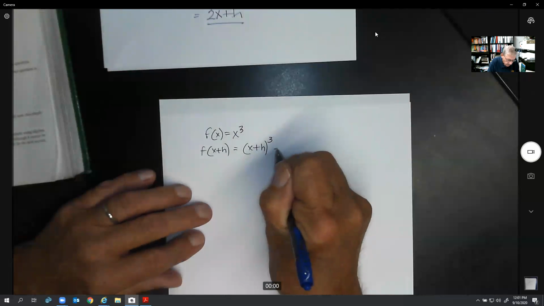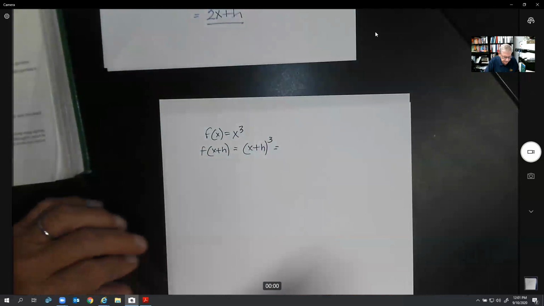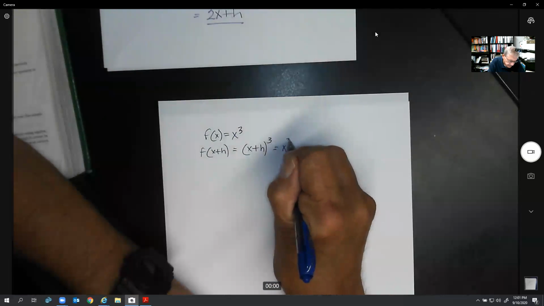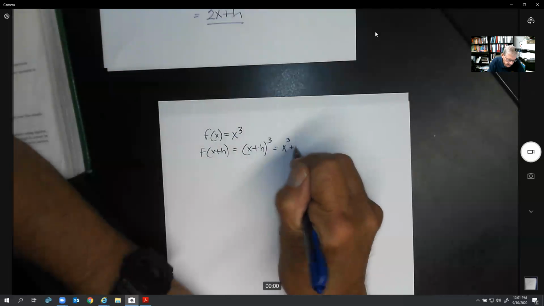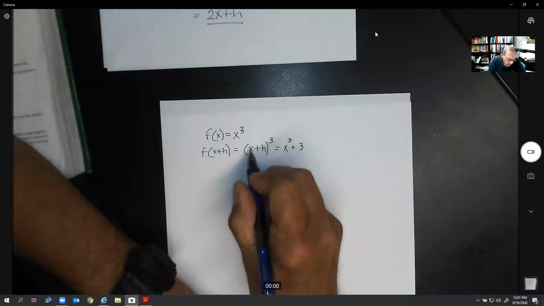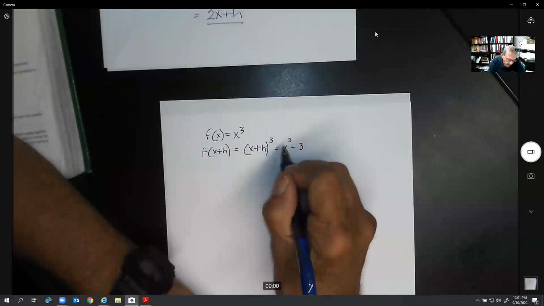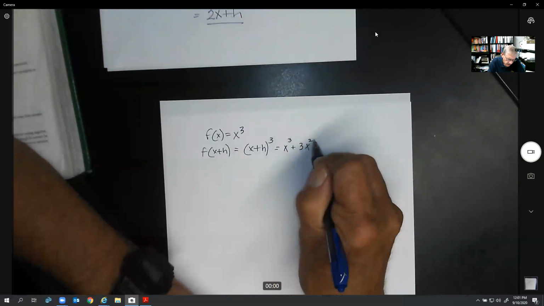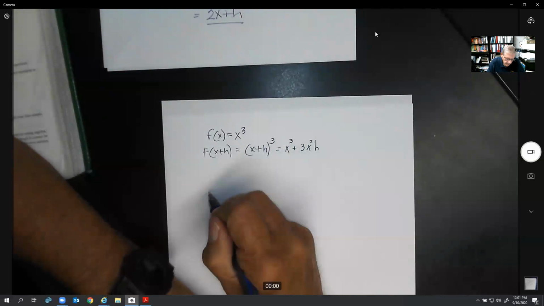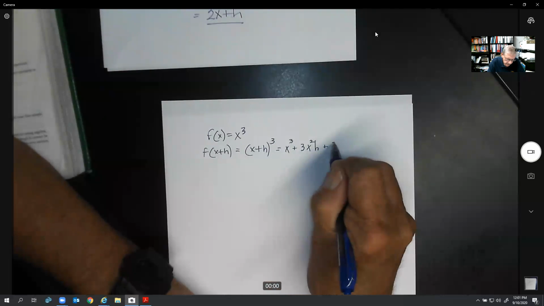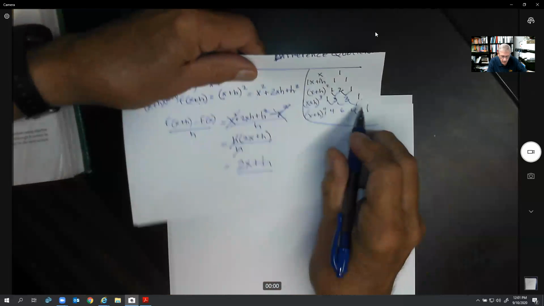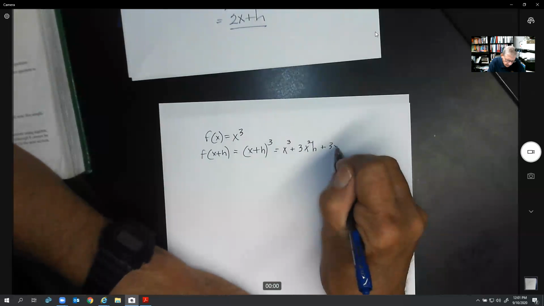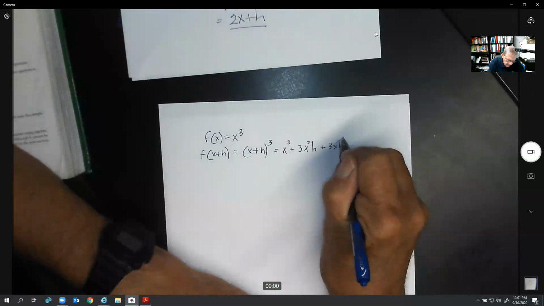So let me show you how this works. This is going to be x cubed, 1, plus 3. The x's are going to get smaller. The h's are going to get bigger. Plus 3. 1331. 3, x's get smaller, h's get bigger.